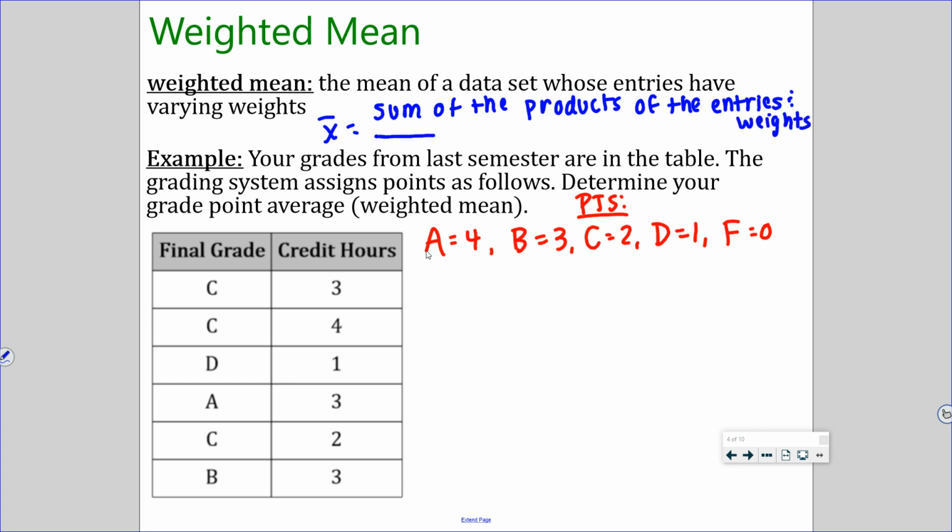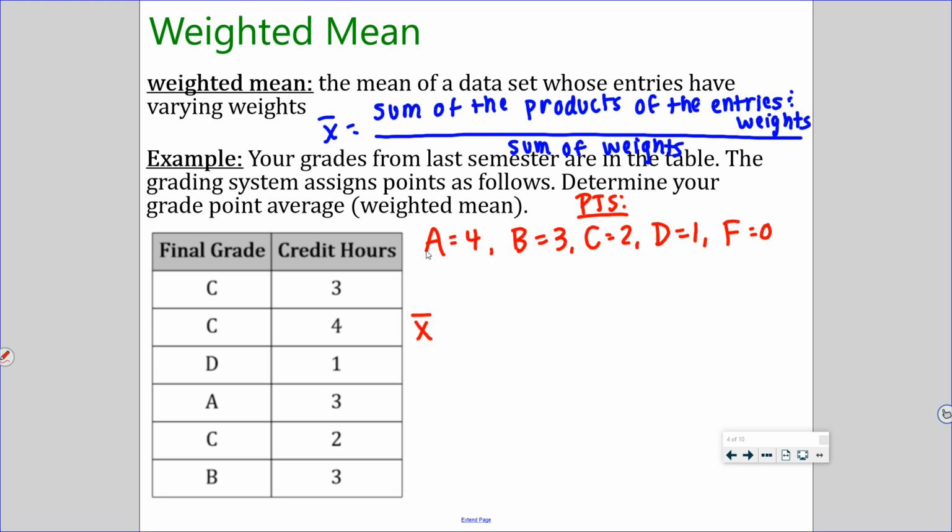And then you're going to divide that by the sum of the weights. Okay. So basically what I have to do here is I have to factor in these point systems.